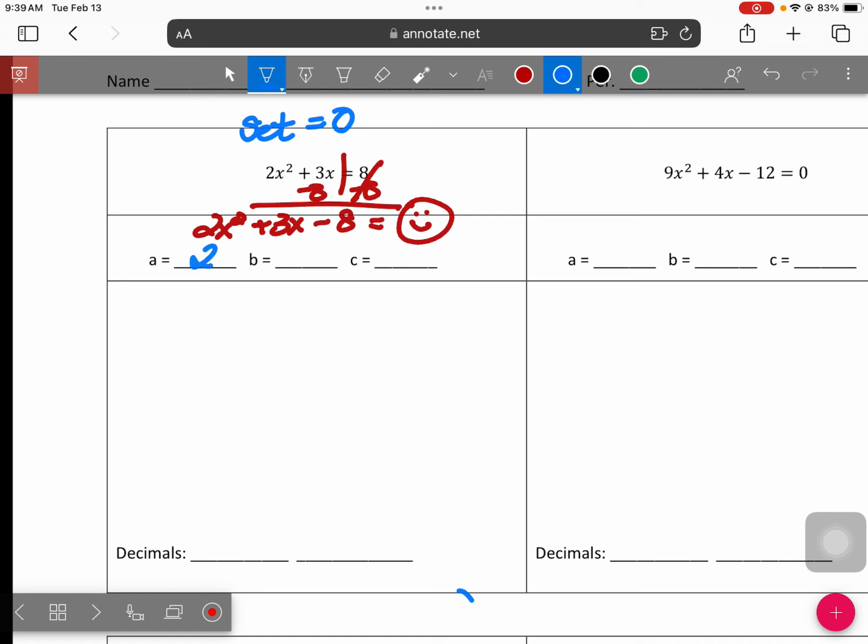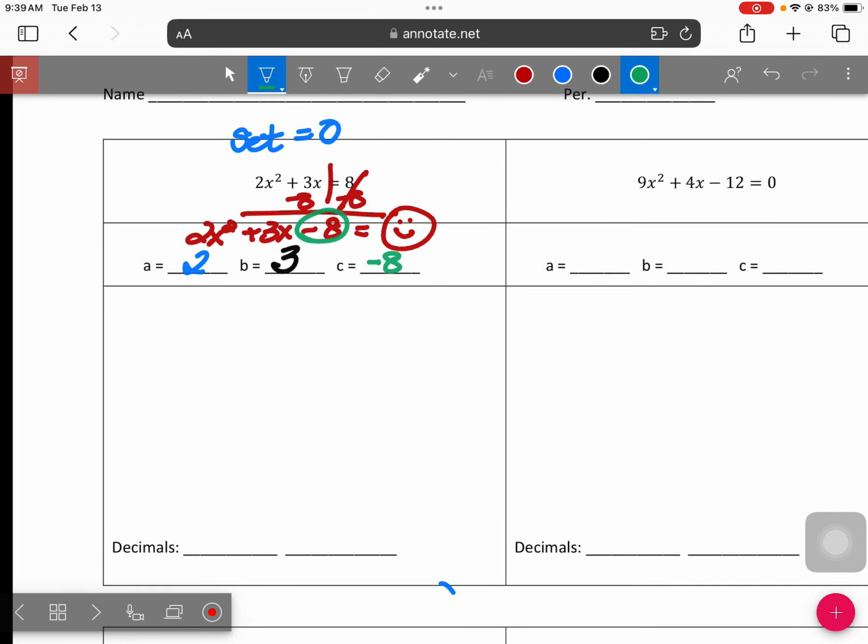Kimberly, what's my B value? 3. And Julia, how about my C? Close. -8, right? Got to look at the sign in front. -8.